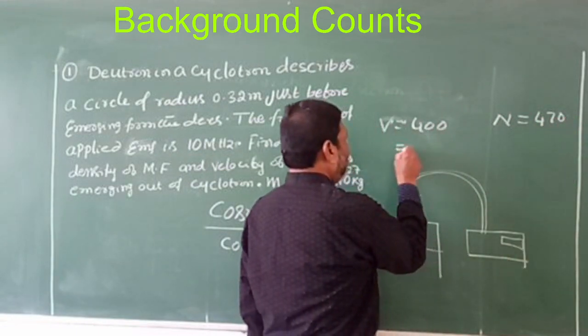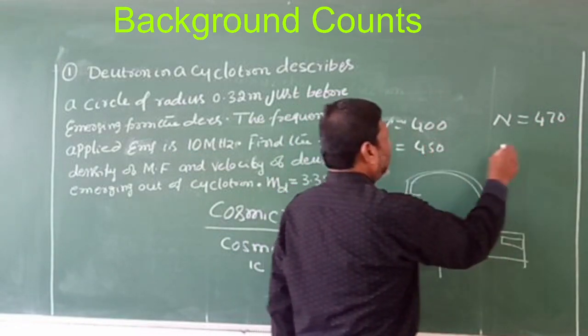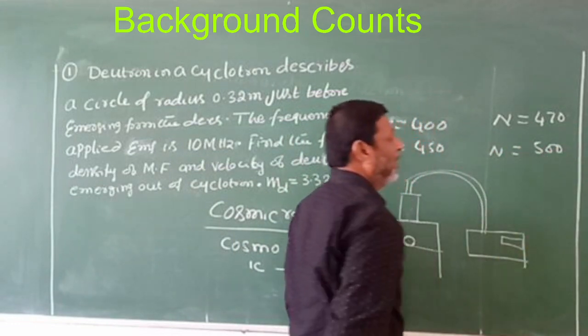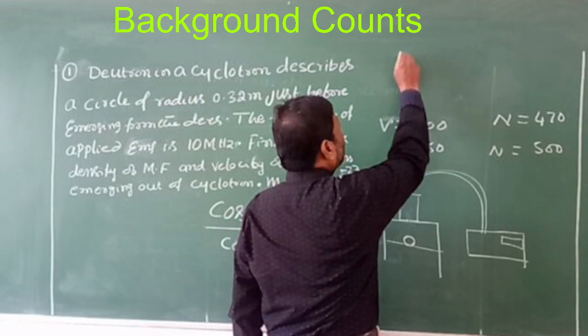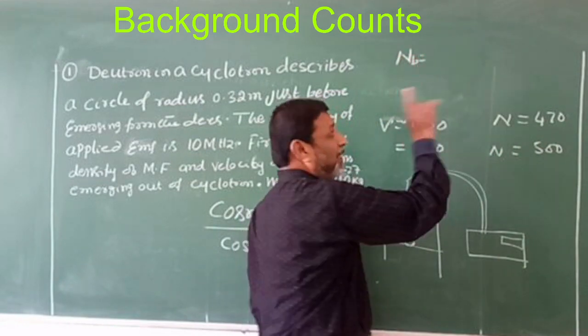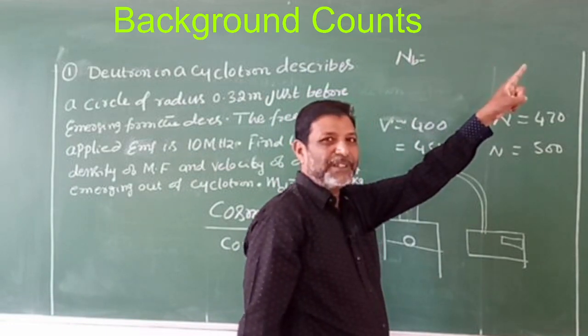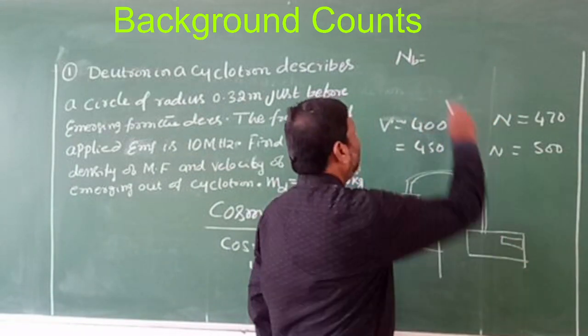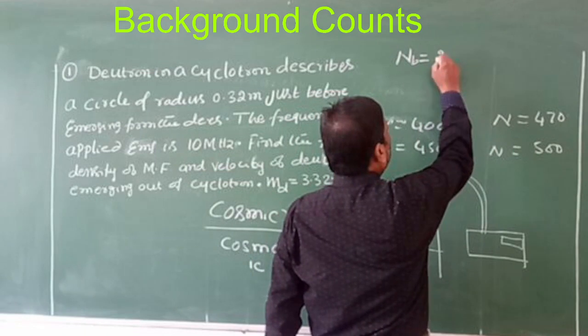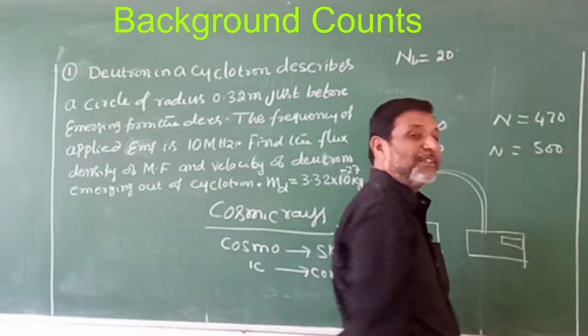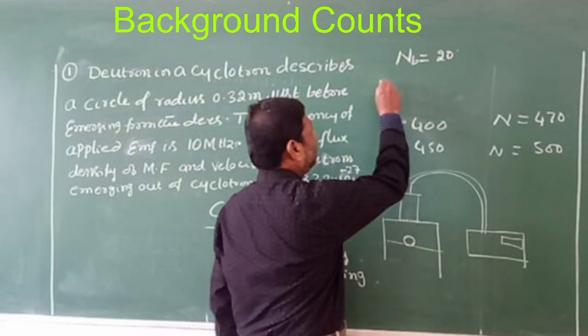And the background counts NB, you repeat three times, first time, second time, third time, then you take the mean. Let us say the mean background counts is equal to 20. Therefore, the last column is the corrected counts.